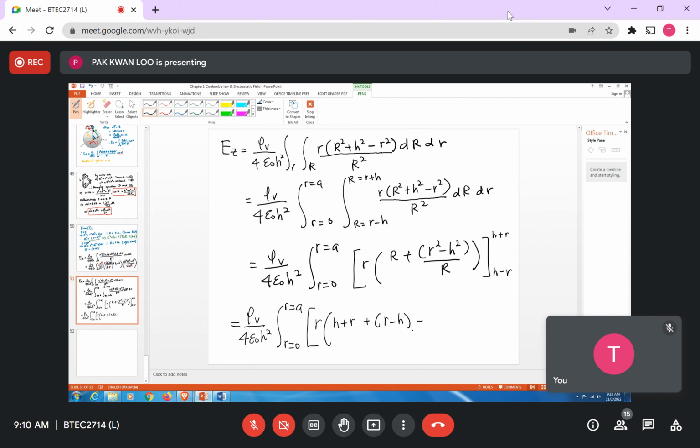So this is where, this part here, I substitute H plus R into capital R, the upper limit.